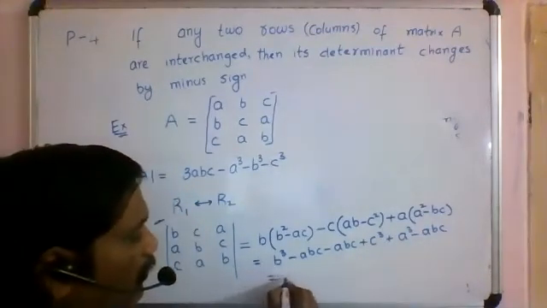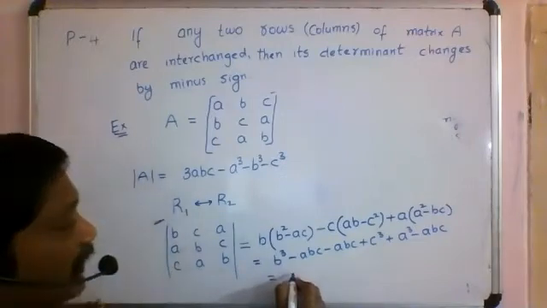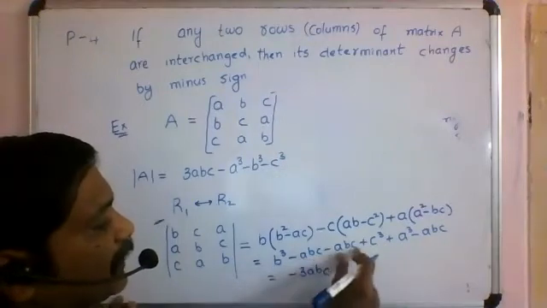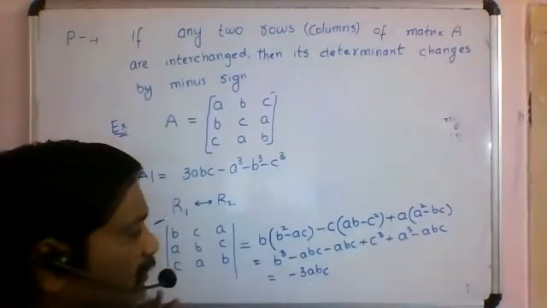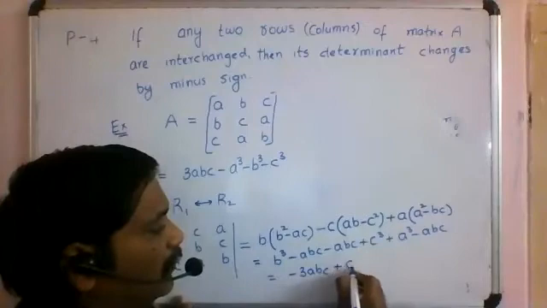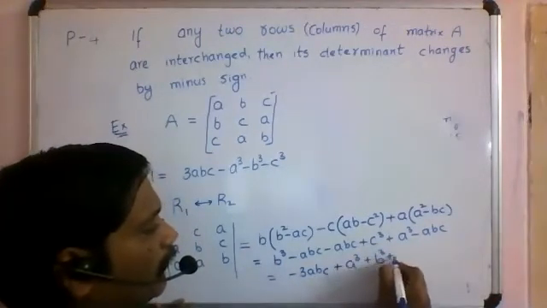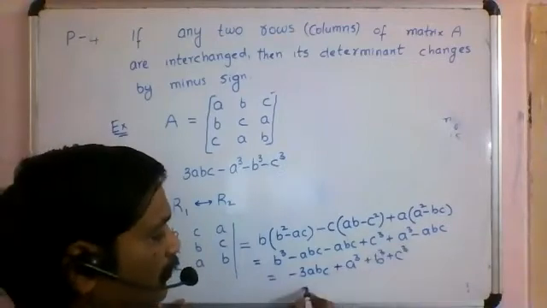We have 3 times minus ABC, no? Minus ABC, minus ABC, minus ABC. I can write minus 3ABC. And thereafter we have A cube plus B cube plus C cube.